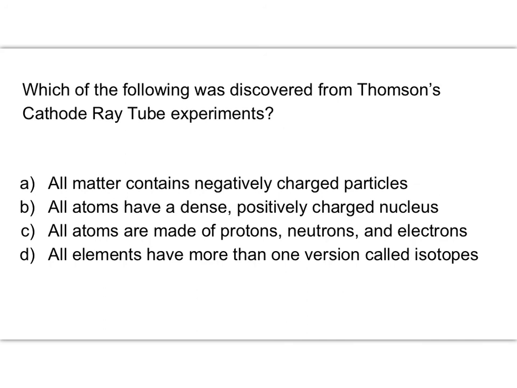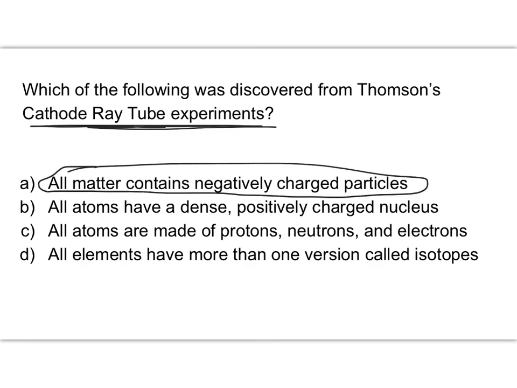And Thomson's cathode ray tube experiment was actually one of the very first, because his experiment was the first indication that there was actually something smaller than an atom, or that an atom was made up of smaller pieces. And that discovery actually had to do with electrons, although they weren't called electrons at the time.